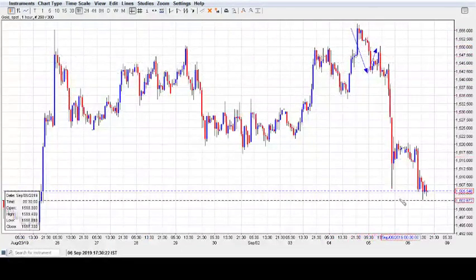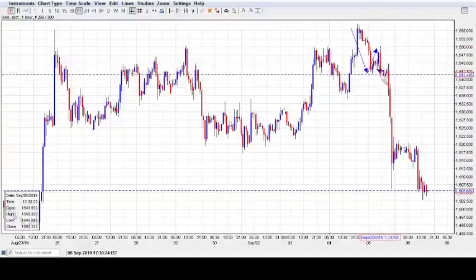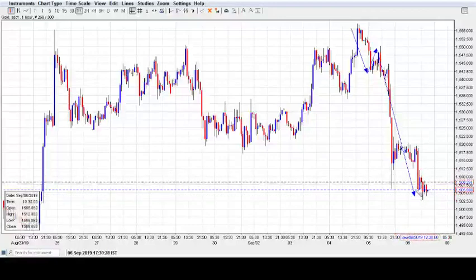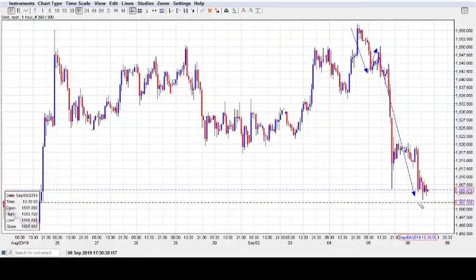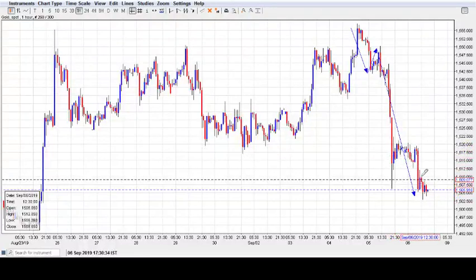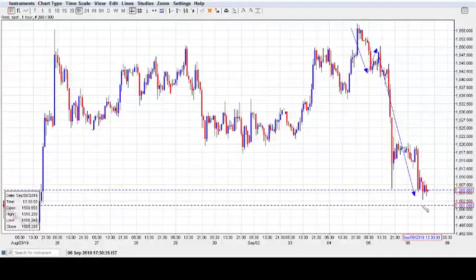We can count 5 now for the third wave. 1, 2, 3, 4 and 5. So at least wave 3 is done. You can see here wave 1, 2, 3, 4 and 5. So termination of wave 3 is complete, or should be complete, at 1502 levels.